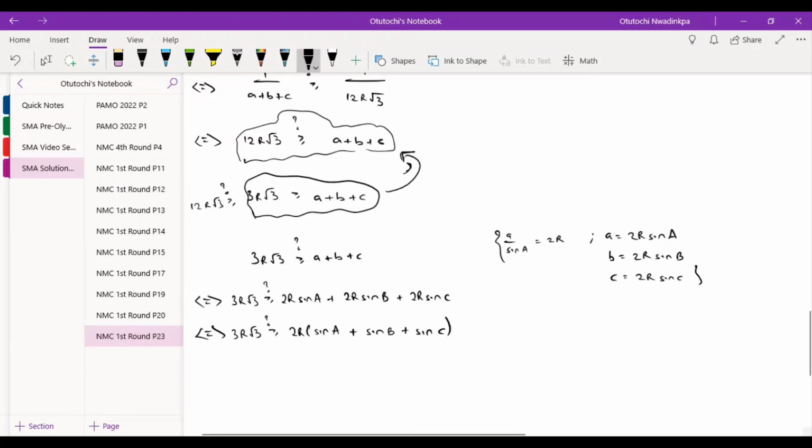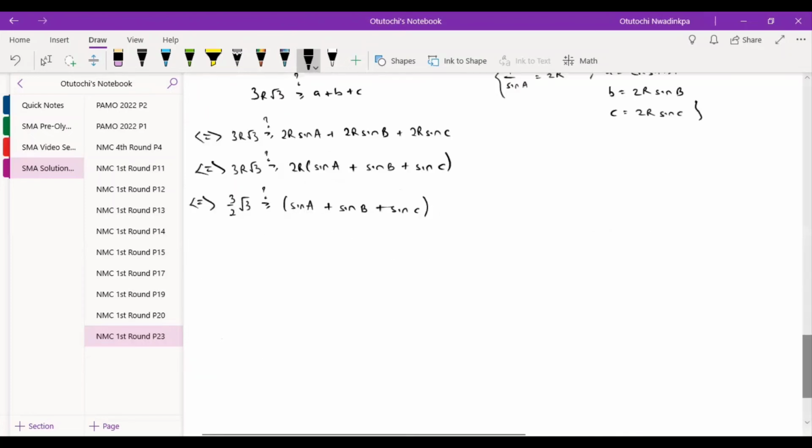Now, of course, R goes with R, and then we'll just have to show that 3 root 3 over 2 is greater than or equal to sine A plus sine B plus sine C, or we can put it like this: if and only if sine A plus sine B plus sine C is less than or equal to 3 root 3 over 2.